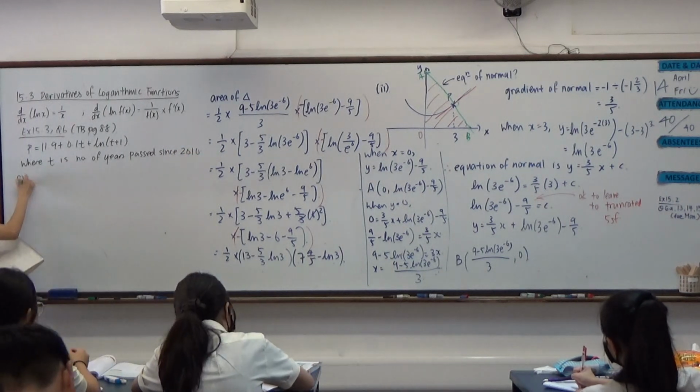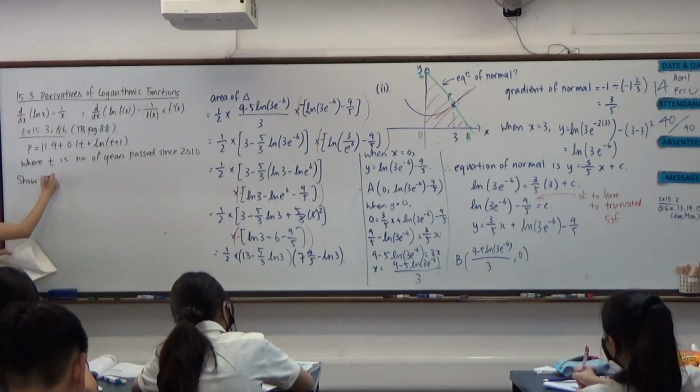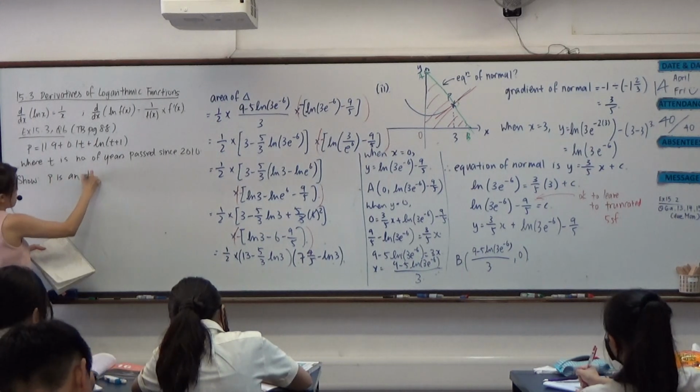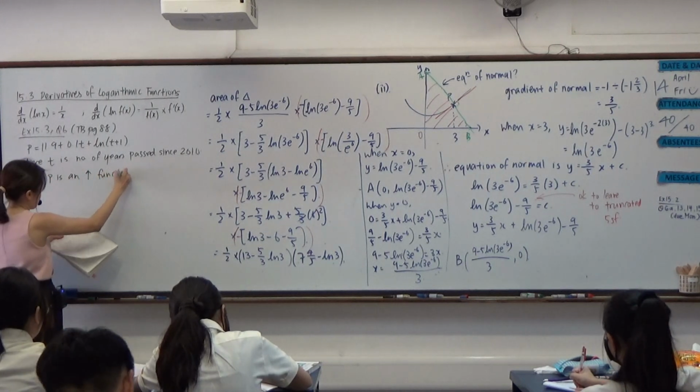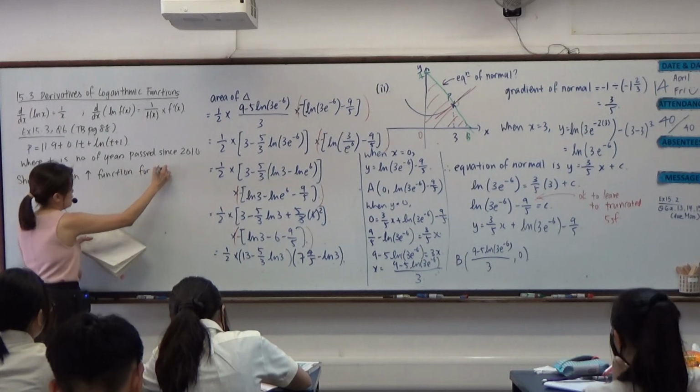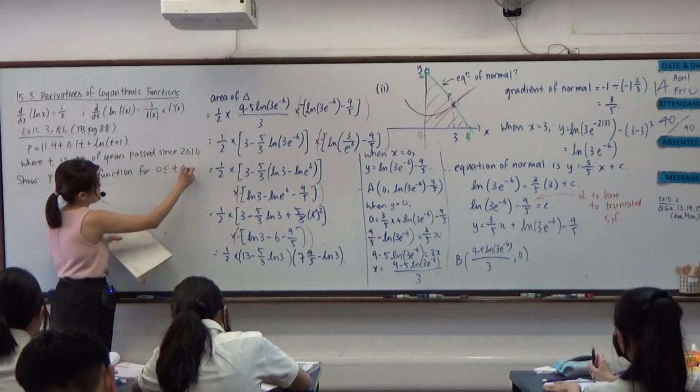What the question wants us to do is to show that p is an increasing function for t between 0 to 10.